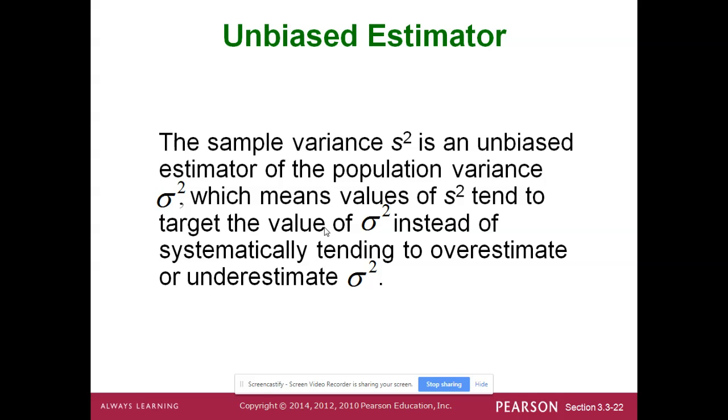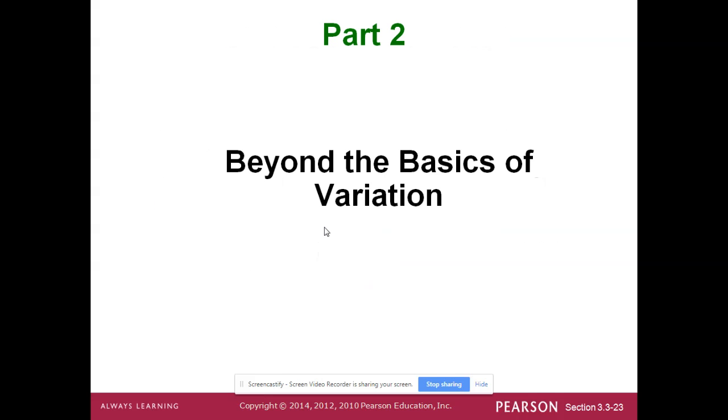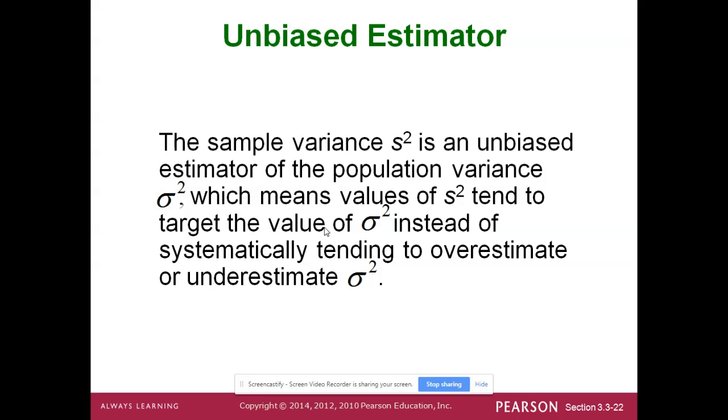Why the n-1 is there: folks that came up with this stuff did enough of them and found out, hey, if I put n-1 here, it gets a lot closer to the population variance than if they don't. So sample variance is a good unbiased estimator of population variance. Unbiased estimator. Those are going to be coming up some. All right, that gets us through part one of section 3.